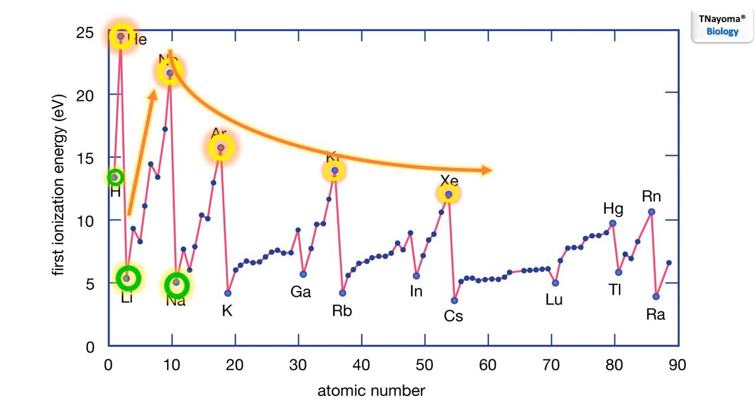By that, the attraction between the outermost electron and the nucleus reduces, and because of that it is easy to remove the electron, so it needs a lesser amount of energy. So from top to bottom, the ionization energy decreases along a group. So these are the things that you should basically know about ionization energy.